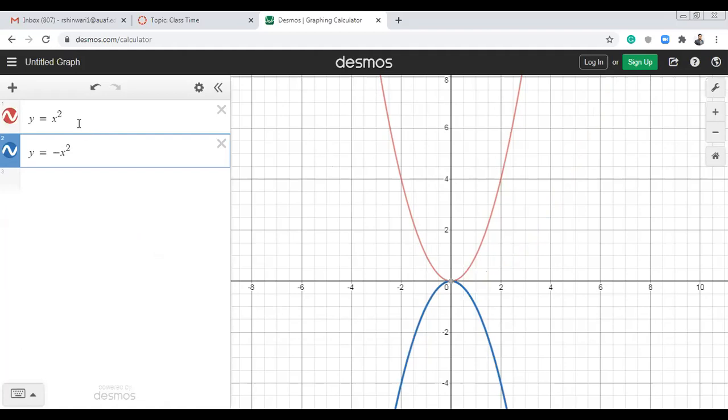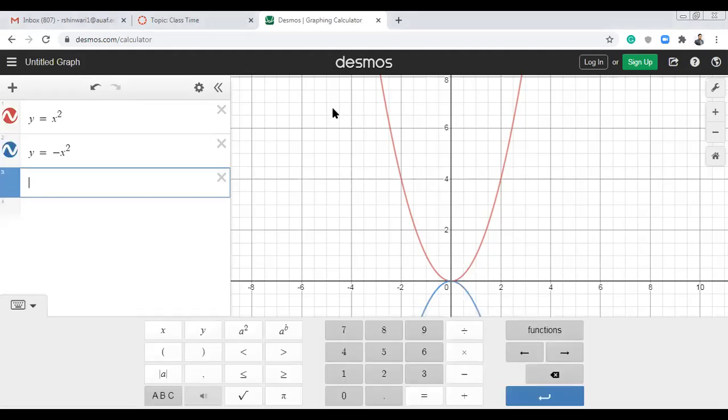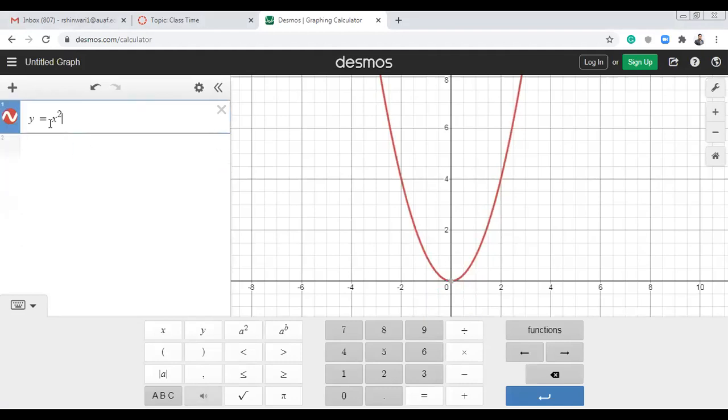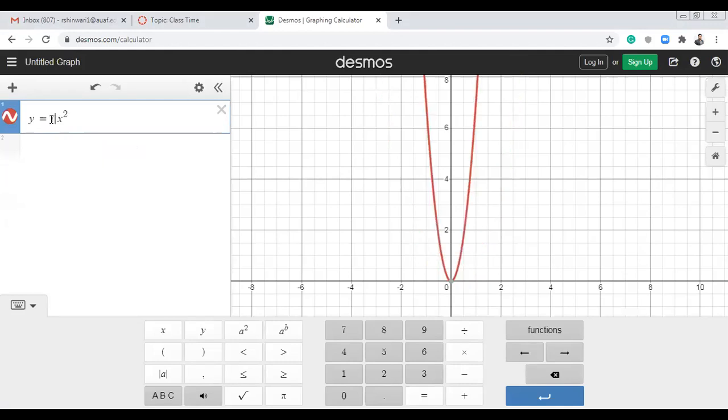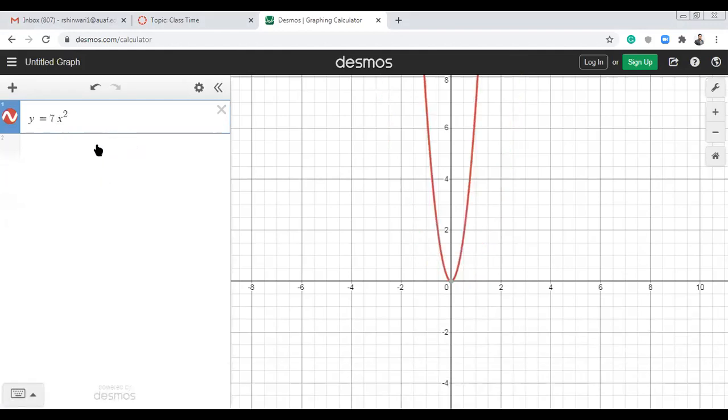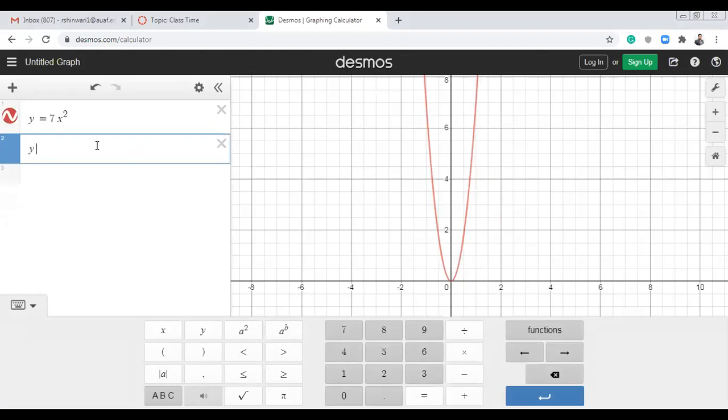So y is equal to x square and y is equal to minus x square are reflections of one another. Same, for example, if we have y is equal to 7x square, then y is equal to minus 7 into x square.